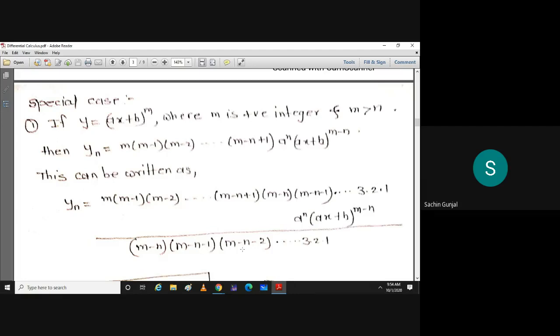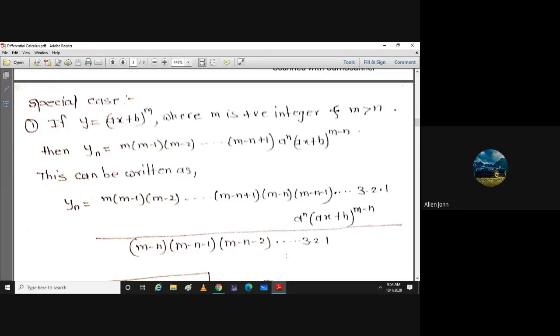So divide and multiply by m minus n factorial, isn't it? You will have to multiply and divide by m minus n factorial.